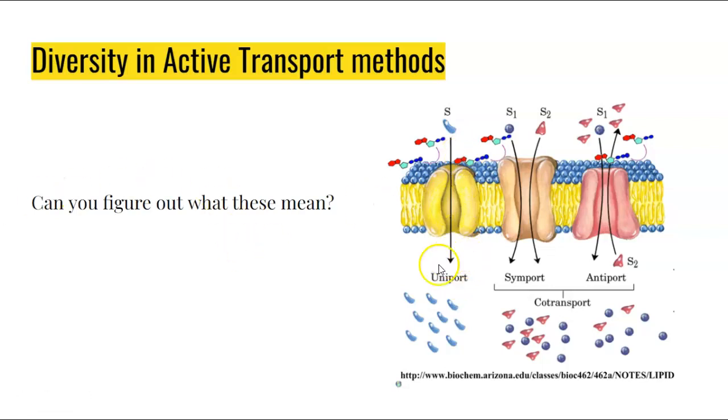So we have a uniport, and if you know anything about the prefix uni, that means one. So uniport allows for one direction and one molecule to come through. And then cotransport is with multiple molecules that can go through. You either have symport, which means that they're both moving from one side to the other, or antiport, where you have one moving in and another moving out.